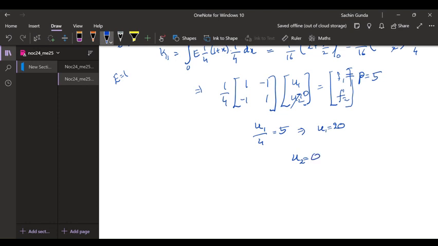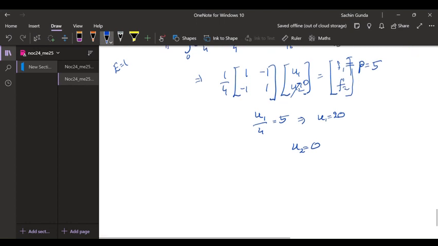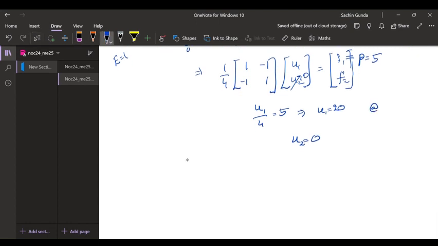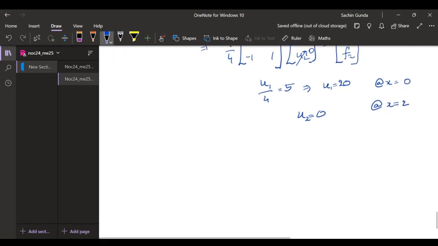So for one element, u1 is 20 at x equals 0 and u2 is 0 at x equals 2.